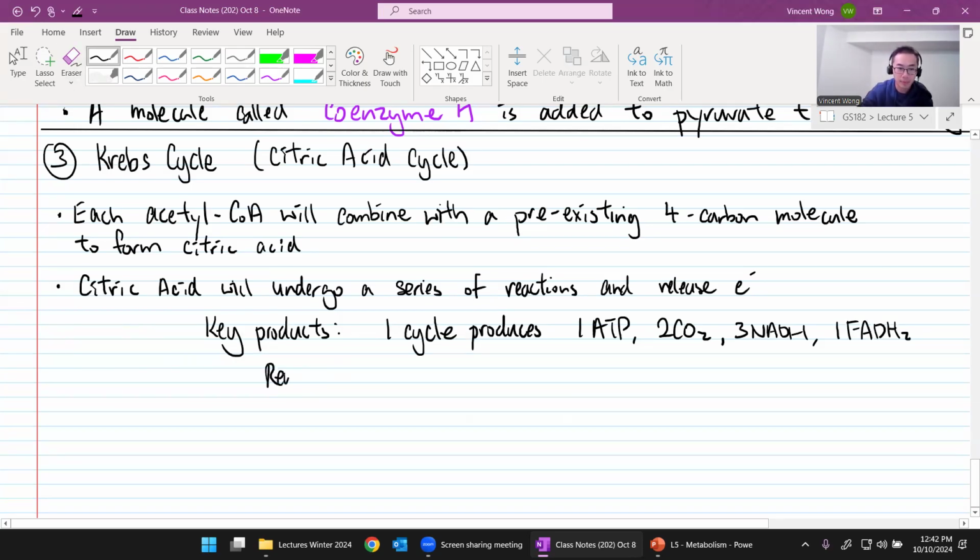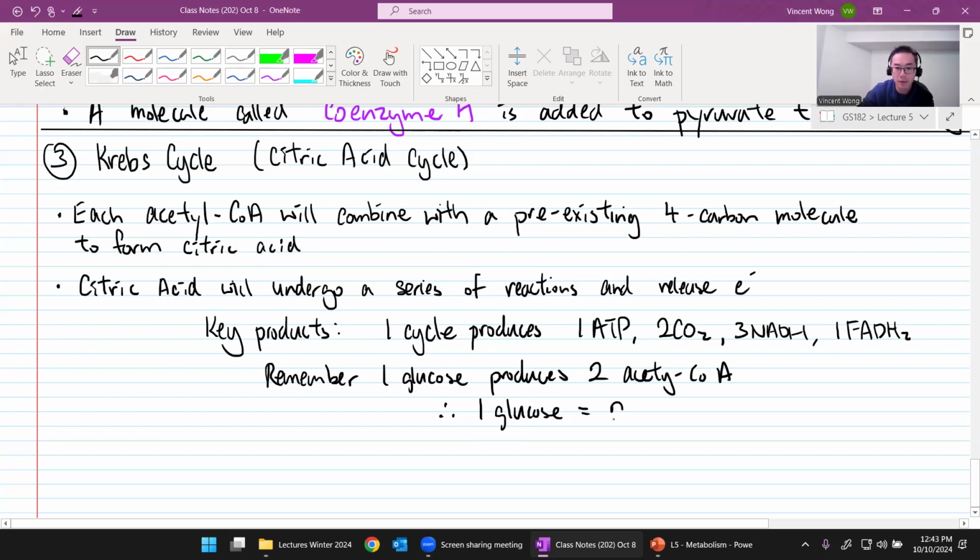Okay, remember, one glucose produces 2 acetyl-CoA. Therefore, one glucose is going to have 2 cycles.